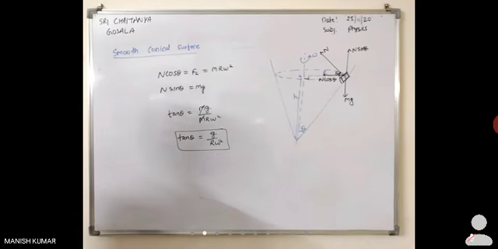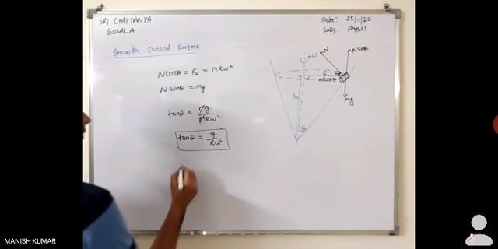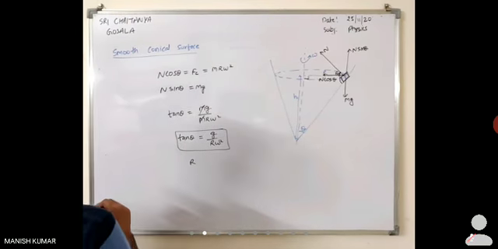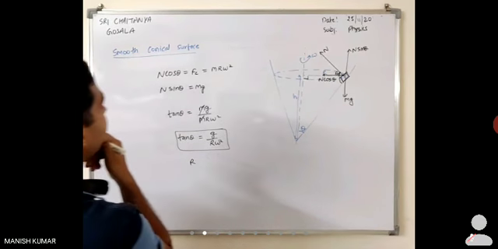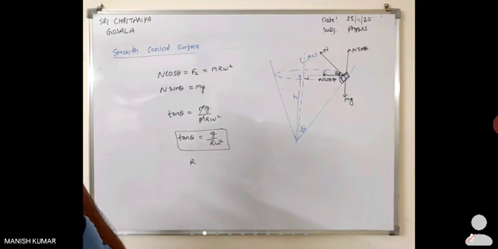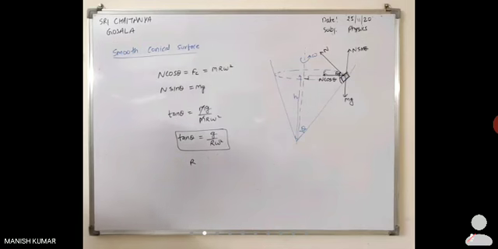You can simplify this more. Tan theta will be nothing but r upon h. Let me check: tan theta is mg upon m r omega square, so tan theta is g upon r omega square.